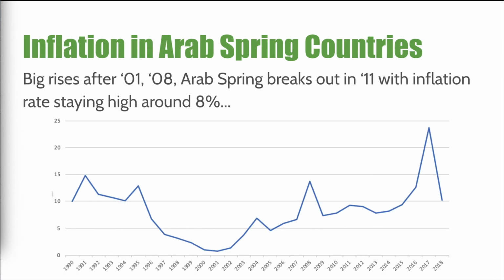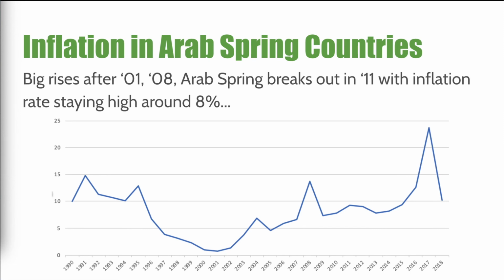The specific case that I want to look at to illustrate how the US exports inflation is Arab countries during the Arab Spring. So I've plotted out here the inflation rate in 6 different Arab Spring countries: Egypt, Libya, Syria, Yemen, Tunisia, and Bahrain. And I've adjusted all of these numbers to their GDPs over time.